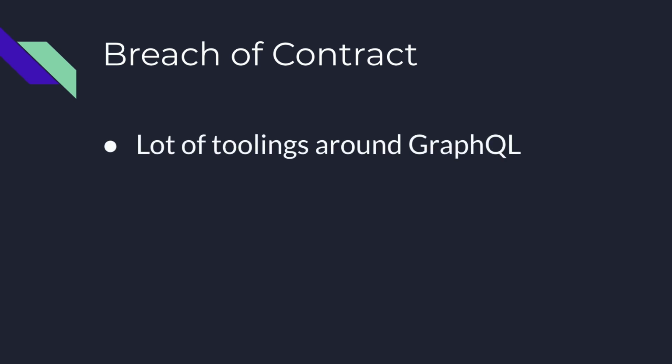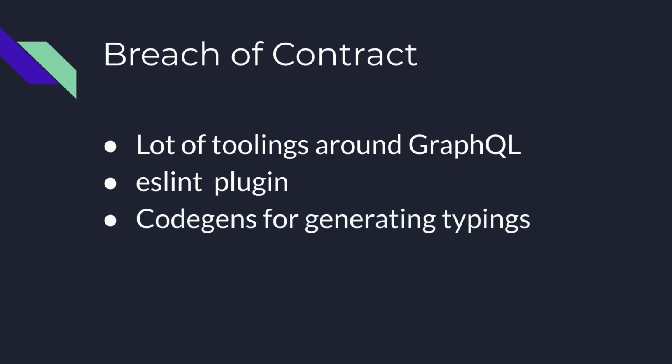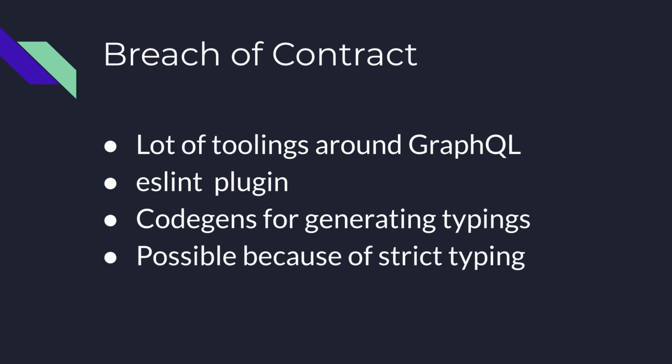There are lots of tooling available around GraphQL. There's an ESLint plugin, which can run at build time to ensure that you are not querying anything which is not available at the server. And there are code generators available for generating typings too, if you're using TypeScript and Flow. This is only possible because of strict typing.